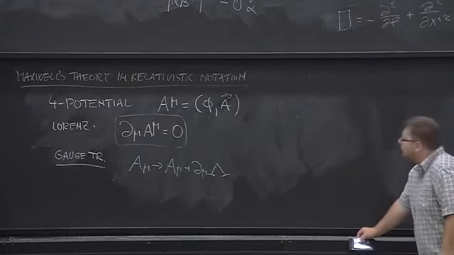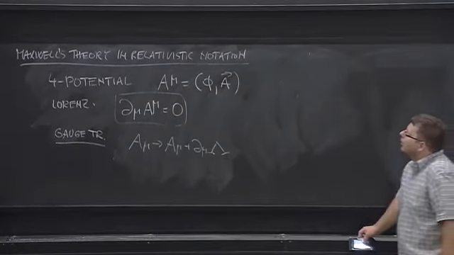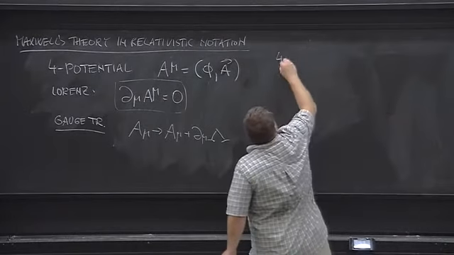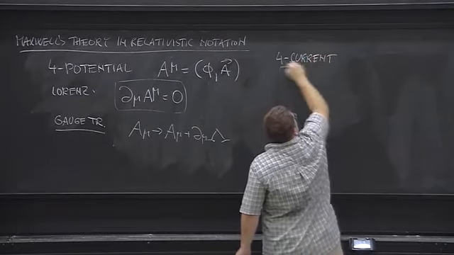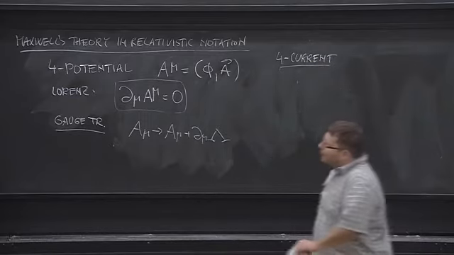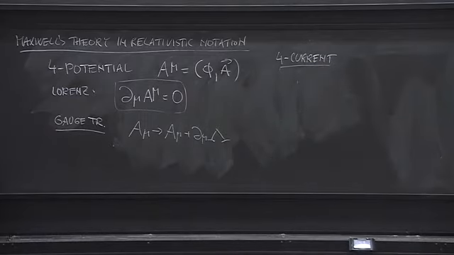Finally, if you introduce also a four-current, so now I want to combine, so you see, it's obvious, right? I have combined phi and A to A^mu. So it's obvious that I have to combine rho and J to J^mu.